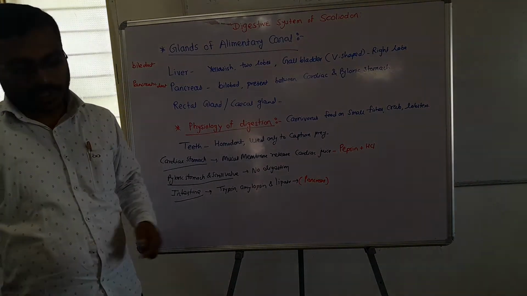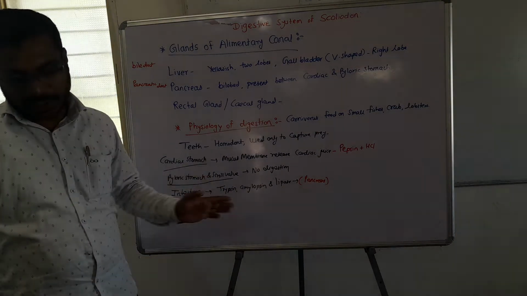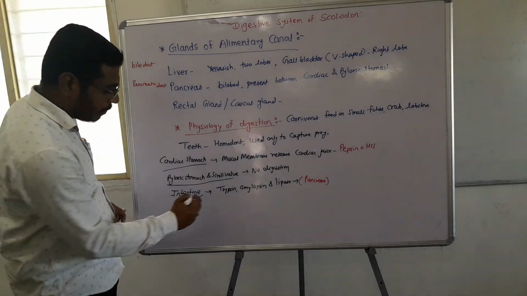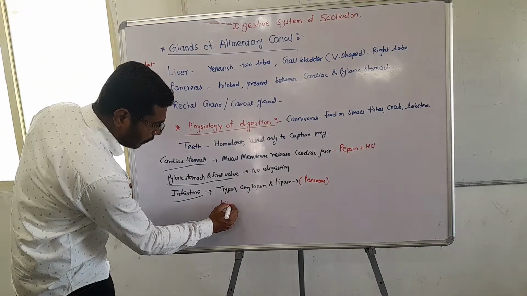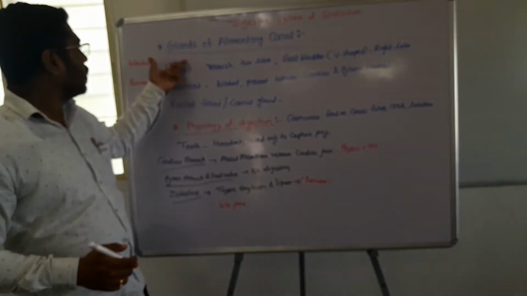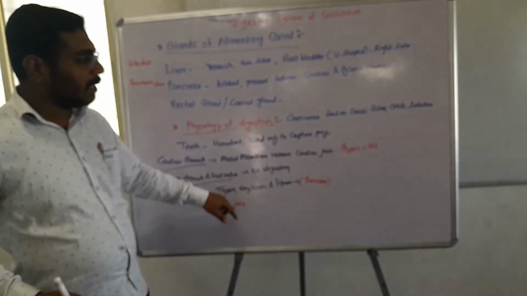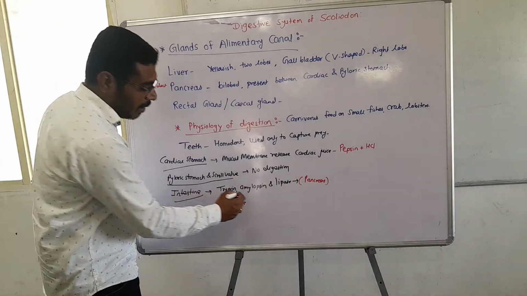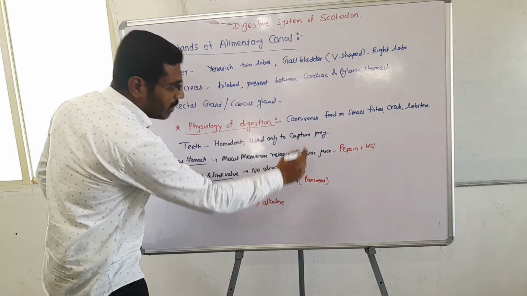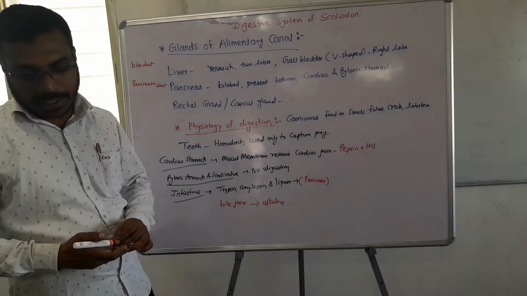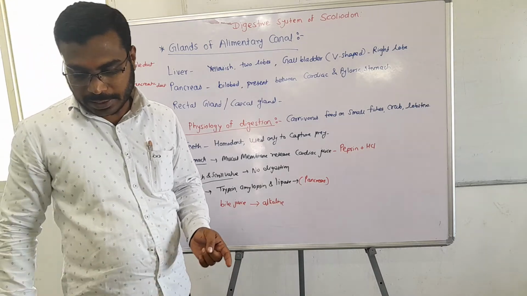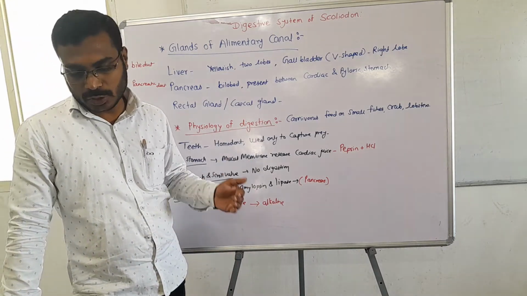Then the semi-digested food enters the intestine. Bile juice, which arises from the liver, is mixed with it. It creates an alkaline condition and neutralizes the effect of hydrochloric acid. The alkaline condition helps the digestion of food.